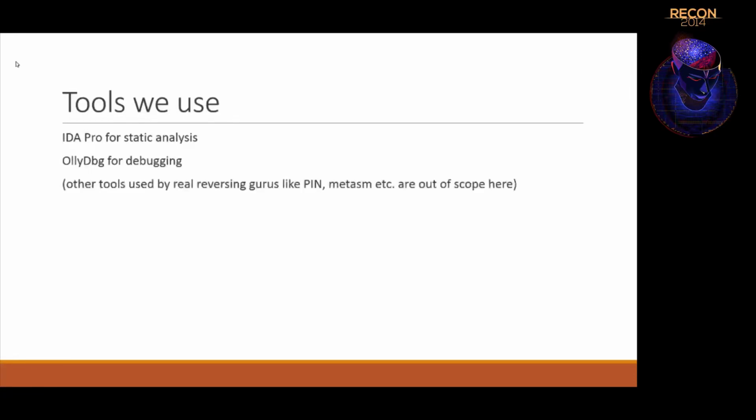There are some tools that are used by real reversing gurus like PIN, Metasm, Vivisect, and so on. But these tools are out of scope for this presentation, which is addressed to average reversers that are not the real gurus.